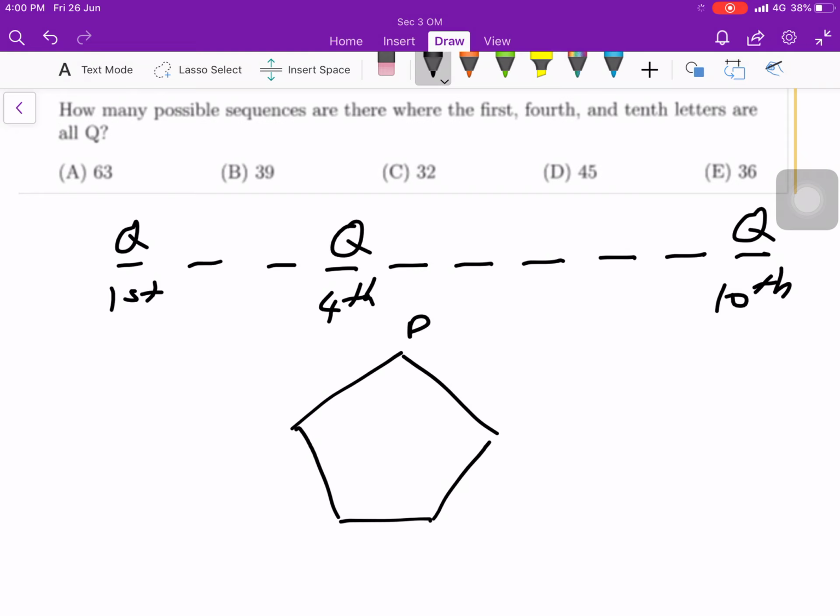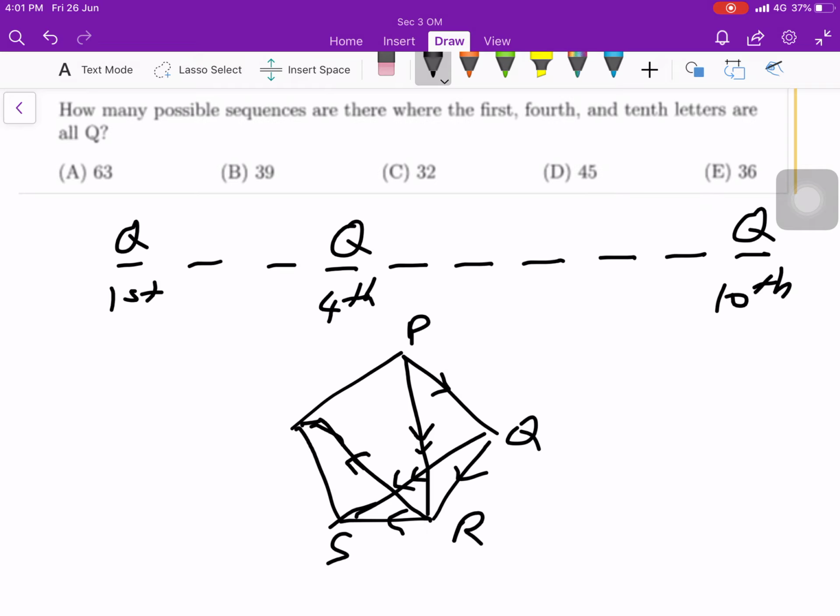P can be followed by Q and R. Q can be followed by R and S. R can be followed by S and T. S can be followed by T and P. And T is followed by P and Q. Therefore, this is really a pentagon.